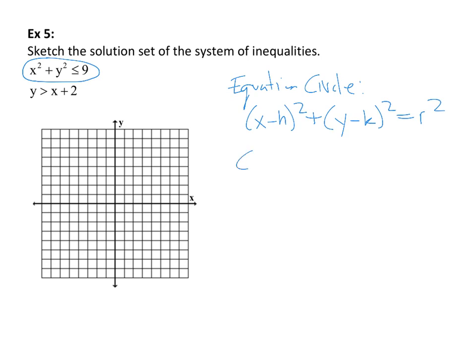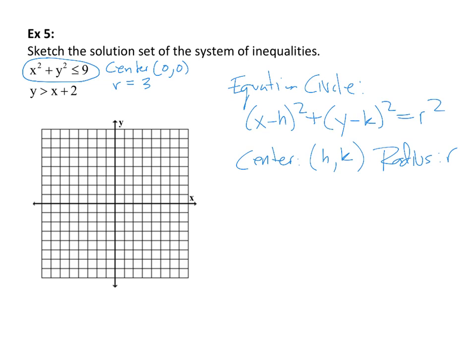The center is (h, k), and the radius is r. So in this problem, pretty easy. The center is going to be (0, 0), and the radius is going to be 3, because you could rewrite 9 as 3 squared.